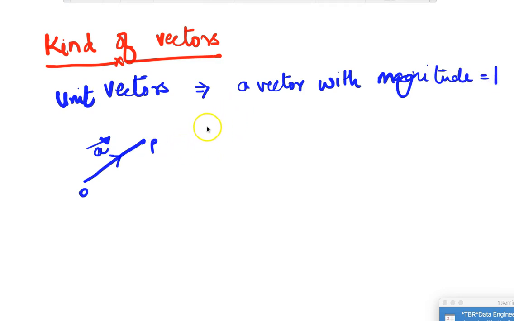So the unit vector in the direction of OP is defined as OP hat. So you will see a notation to define unit vectors by a hat: it is the vector itself divided by the length of the vector.